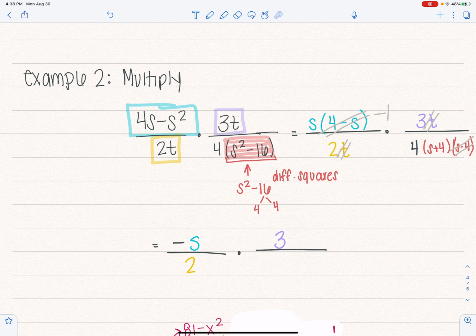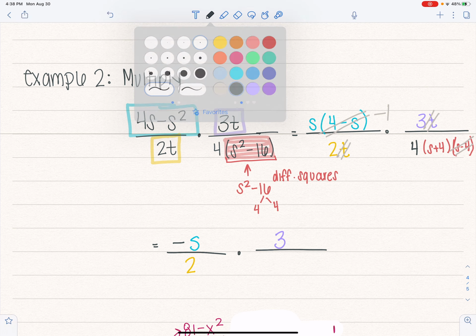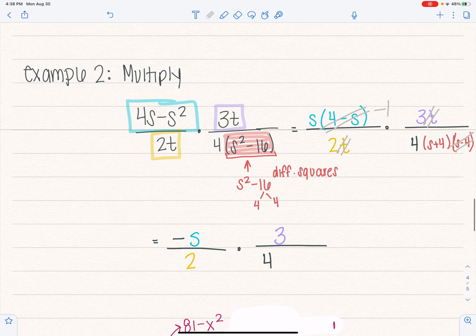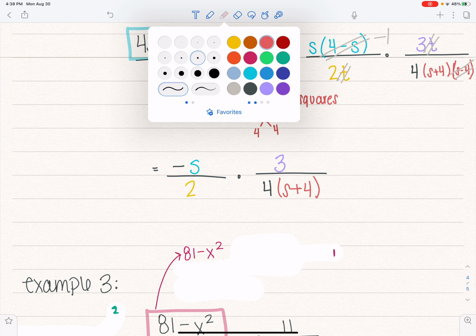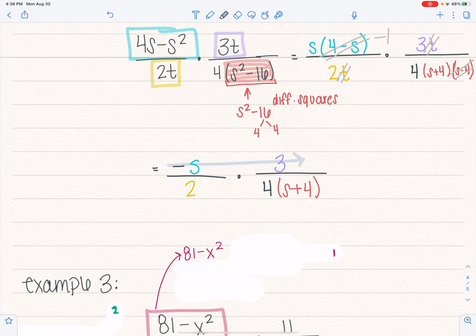And then on the bottom right, I'm left with 4 and s plus 4. So I've got that 4 and the s plus 4. Just something to make note of, these two s's do not cancel because that thing is touching addition, so they are not common factors. So now I can use the multiplication property that says multiply straight across the top.